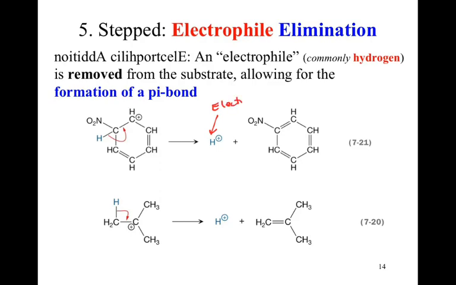So we refer to this as electrophile elimination because the electrophile has been kicked out of the structure, resulting in the formation of a pi bond. So this type of mechanistic step is known as electrophile elimination. You'll notice that we really only show one arrow for this result. It's just the loss of that group, and the result is the formation of our new pi bond.